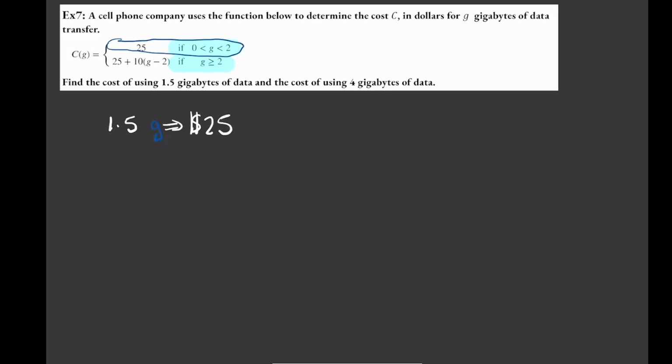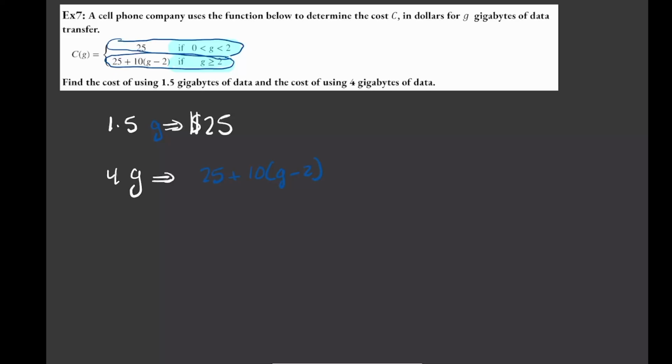However, if I used 4 gigabytes, now my 4 gigabytes is greater than 2. So here I would be using the second function because that's where my 4 is defined, when G is greater than or equal to 2. So now right here, I would take my other function, 25 plus 10, G minus 2.